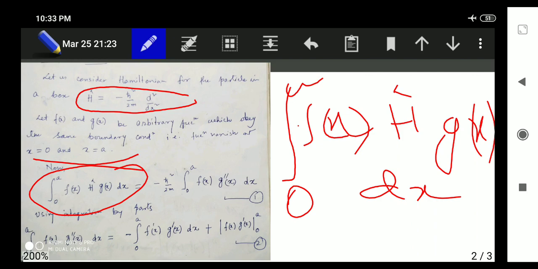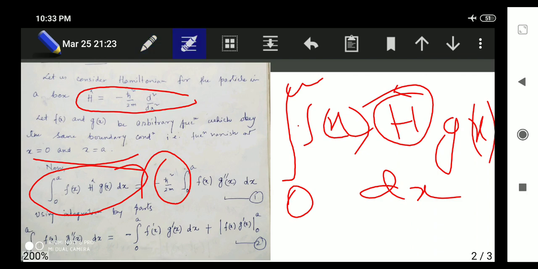Here we can put the value of H cap. The H cap value is minus h cross square by twice m d2 dx2. So take the minus h cross square by twice m outside, and you have the integral from 0 to a of f(x) H cap g(x) dx. H cap means d2 dx2, meaning double differentiation of whatever function is on the right hand side.